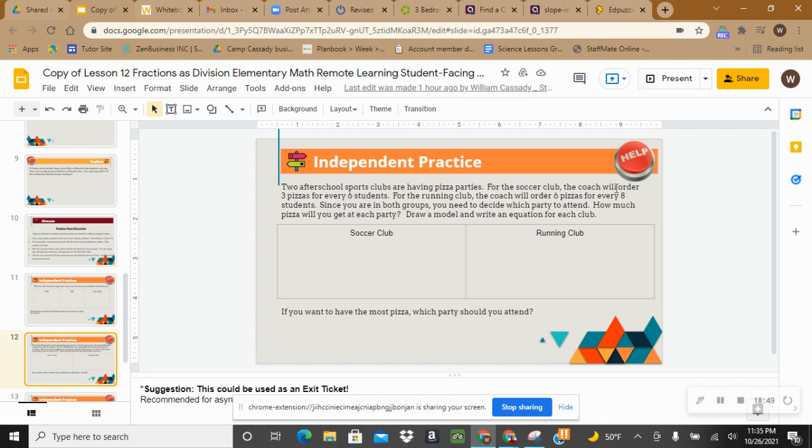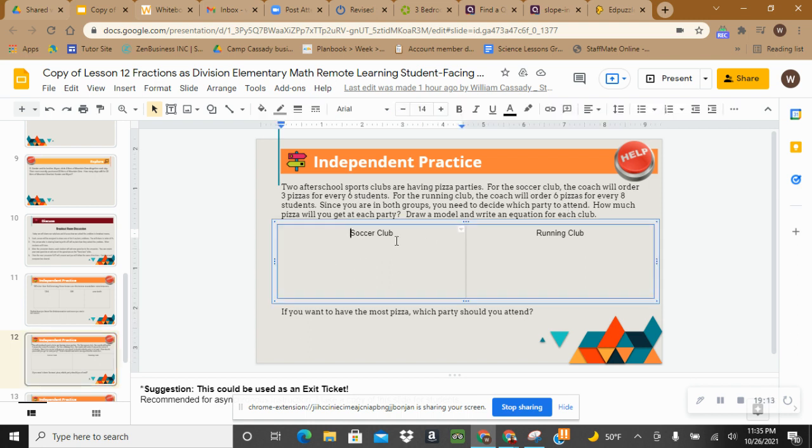For the soccer club, the coach will order 3 pizzas for every 6 students. For the running club, the coach will order 6 pizzas for every 8 students. Since you are in both groups, you need to decide which party to attend. How much pizza will you get at each party? Draw a model and write an equation for each club. So let's write my equation for the soccer club.